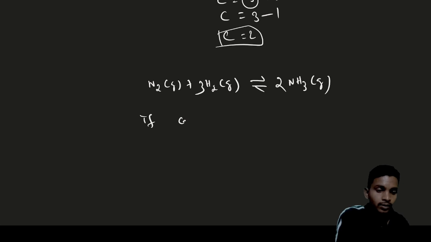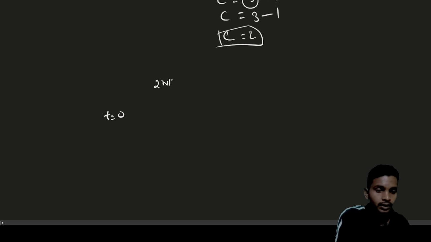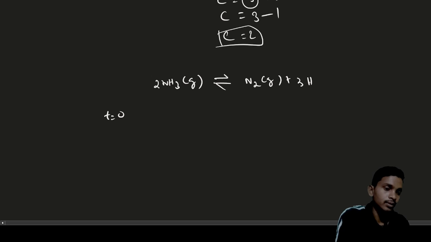If conditions are given, initially, as we already discussed, at T equal to 0, suppose I do it in a different way: 2NH3 gas decomposes into N2 gas plus 3H2 gas.